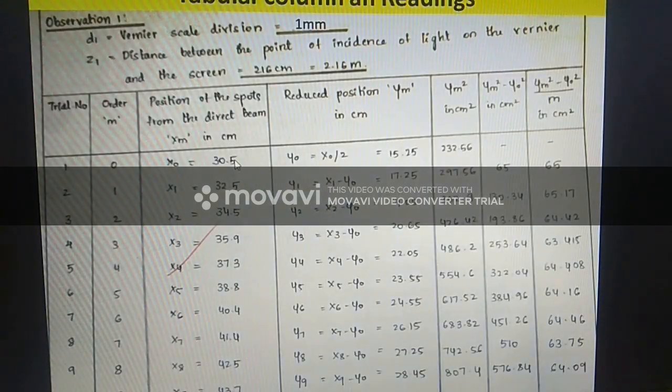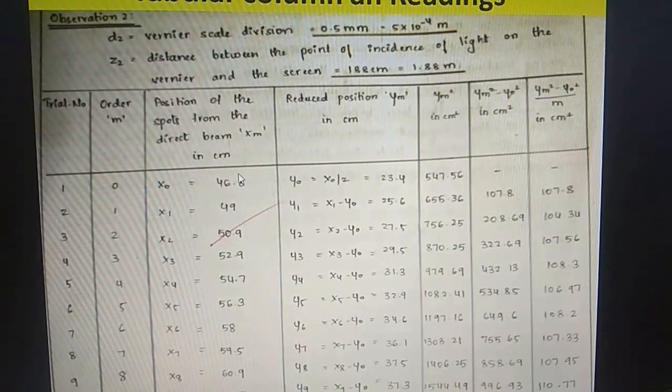So 30.5, 32.5, how much is that? 2 centimeter. See, 46.8 and 49, almost 47 and 49. Almost here also 2.